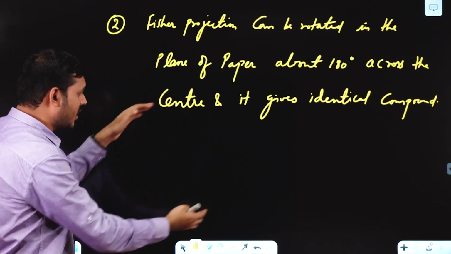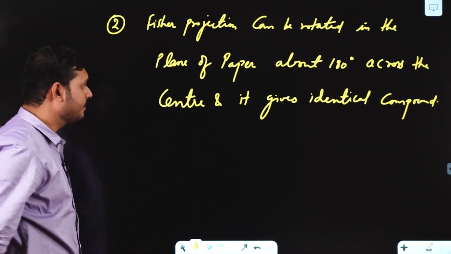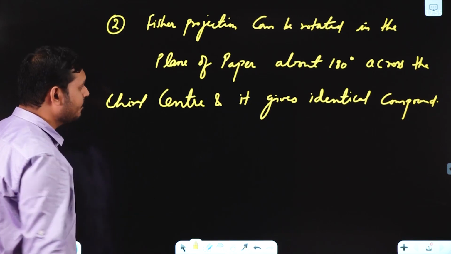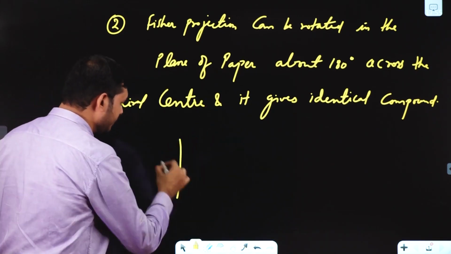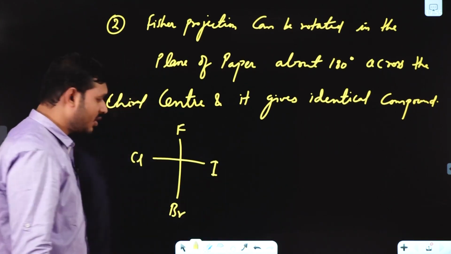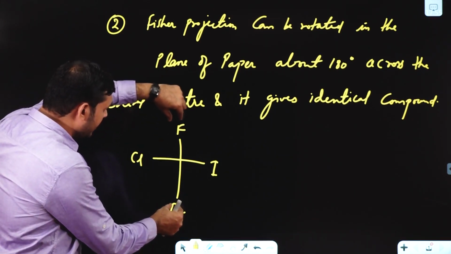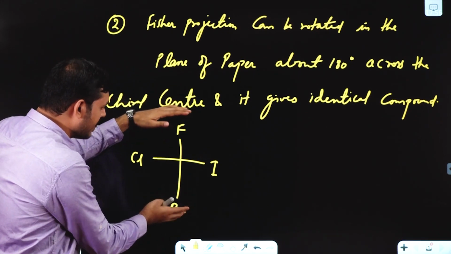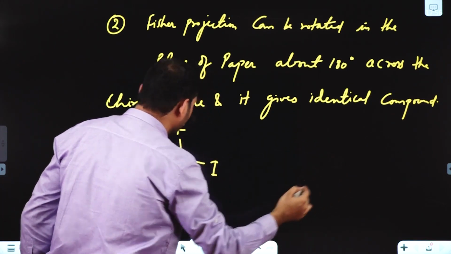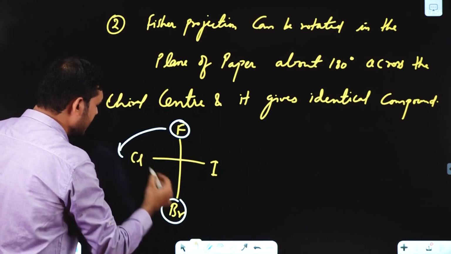means you do not have to lift now, you just rotate it about 180 degrees across the chiral center, and it gives identical. Let's say this: fluorine, chlorine, bromine, iodine. Suppose I am holding this fluorine and bromine, and I rotate this page in any direction. This will come this side, this will go this side.